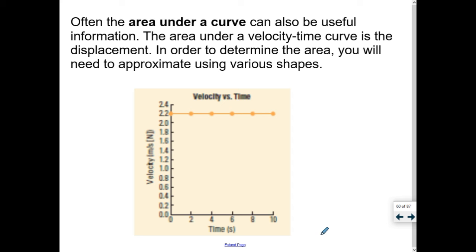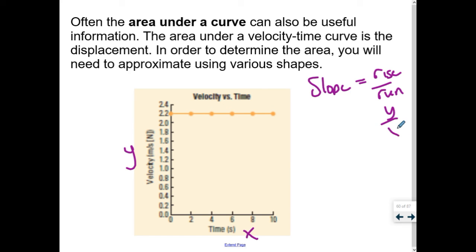You know how we talked about slope being rise over run? Slope is the rise of the graph. And so if you take your y variable and x variable, y divided by x, to find the slope. So there's one more possibility. What if you take x and you multiply by y?